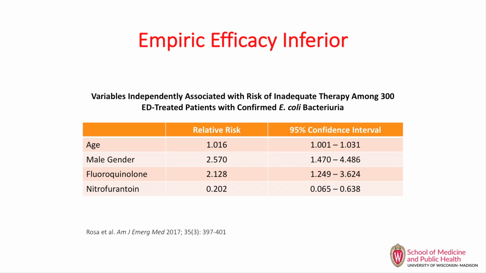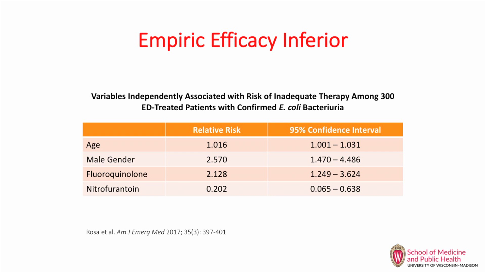And then this is a more recent study just looking at empiric therapy in the emergency room setting, and they looked at relative risk of inadequate therapy. What they were able to show is being elderly, male, and getting a quinolone were associated with discordant culture results. That's how they determined inadequate therapy.